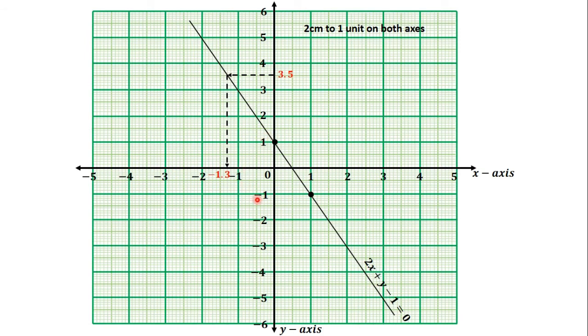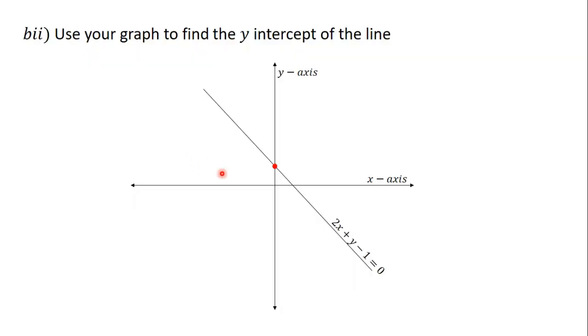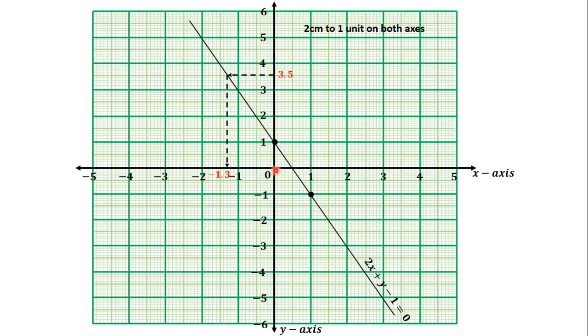So this time we are going to find the y-intercept. Now, as we have seen, the y-intercept is the point where the line cuts the y-axis. So on this diagram, the y-intercept is this point. Now on the graph sheet, the y-intercept will be the point where the line cuts the y-axis. So the y value there will give us the y-intercept.